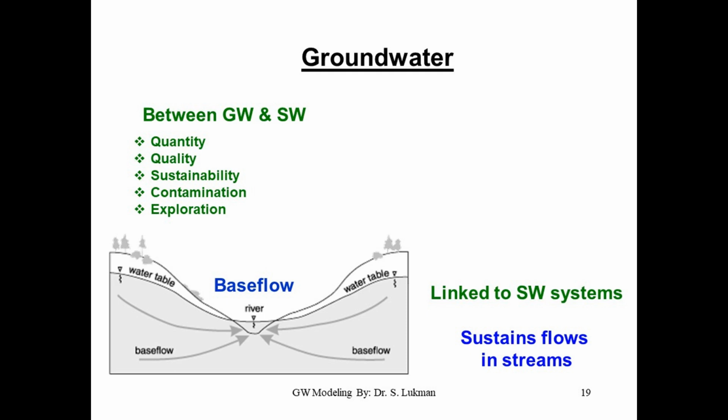But then for domestic, individual house supplies, you can just dig your well, your borehole, and then you have your water. Okay? So for the exploration, by and large, groundwater is simpler and easier to explore than surface water. Because surface water, because of the inherent contamination, you don't usually find it suitable to be used immediately. It needs to be treated.